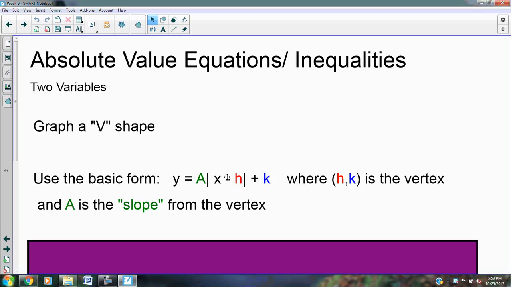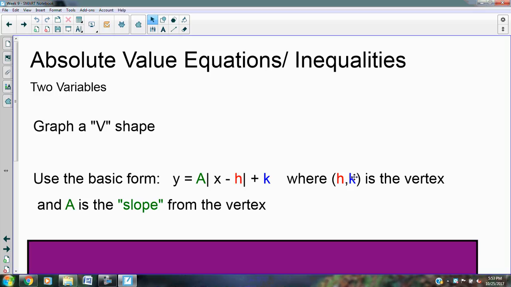Whatever is being subtracted on the inside of your absolute value equation, that is going to be the positive form on this point. Okay, h, even though it says minus here, we're using whatever is being subtracted. Here where it says plus k, whatever that value is, that is the actual value we're going to use here.